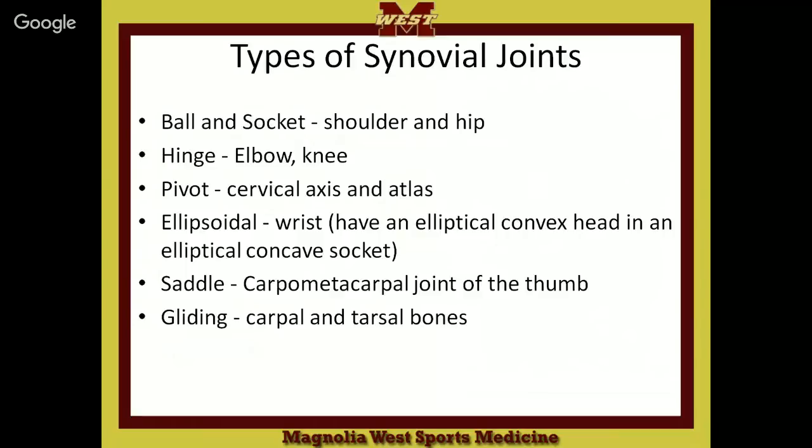Pivot: cervical axis and atlas, which are cervical vertebra number 1 and number 2. You only have 7 in your cervical.